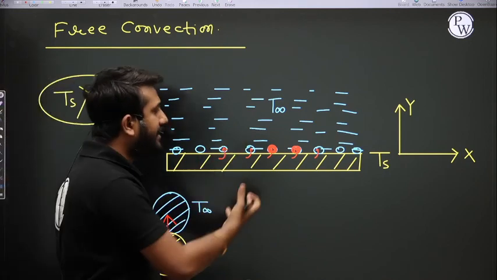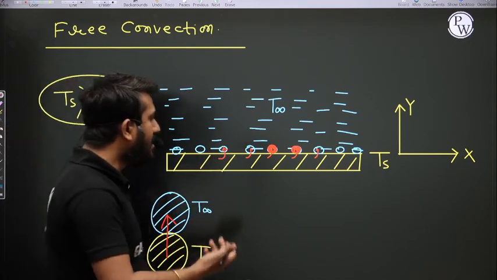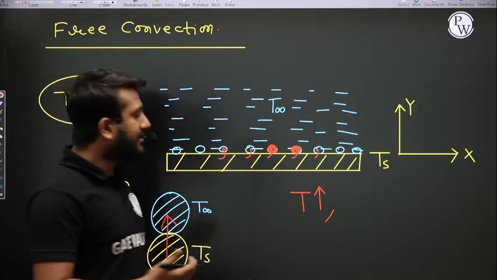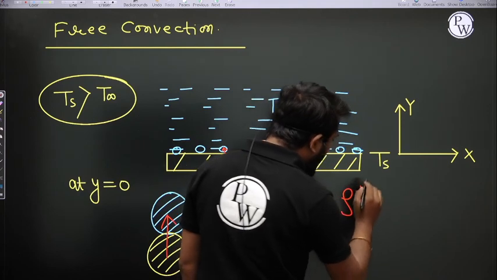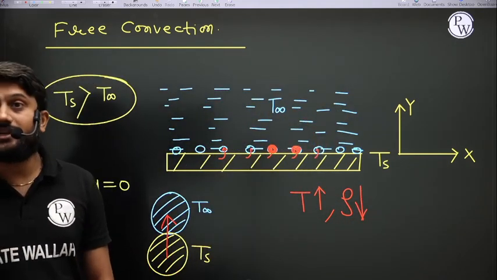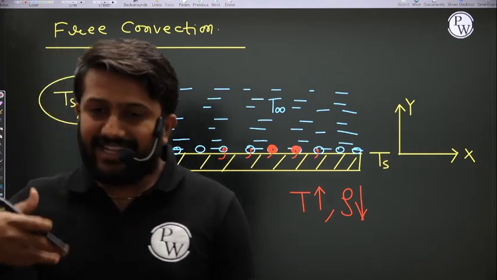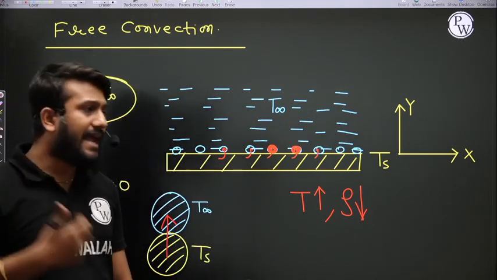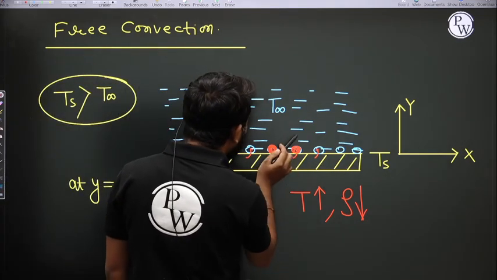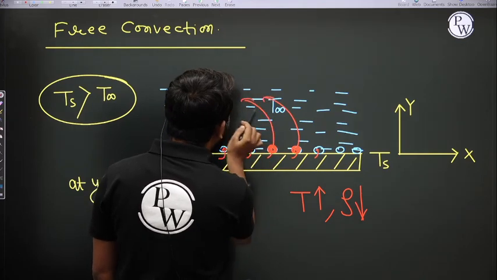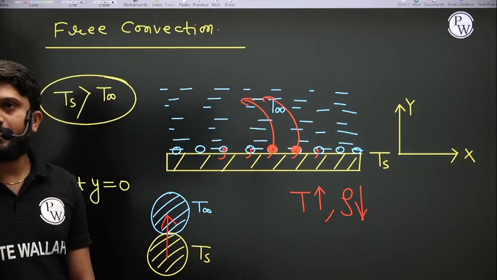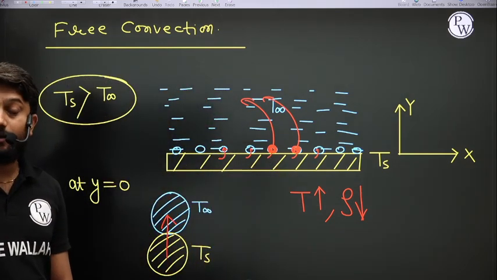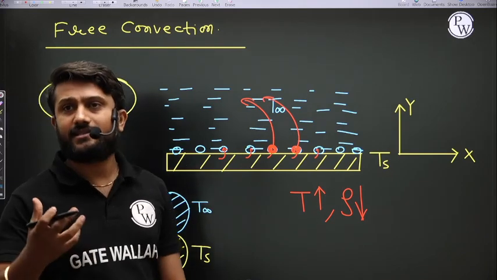So these fluid particles are heated, and we know that as temperature increases, density decreases. If density decreases, the fluid particles become lighter. If the fluid particles become lighter, they start moving upward. The space of these fluid particles is left vacant.